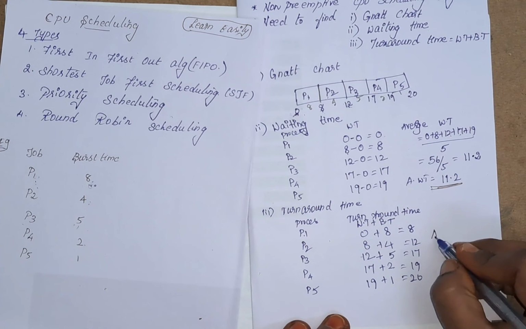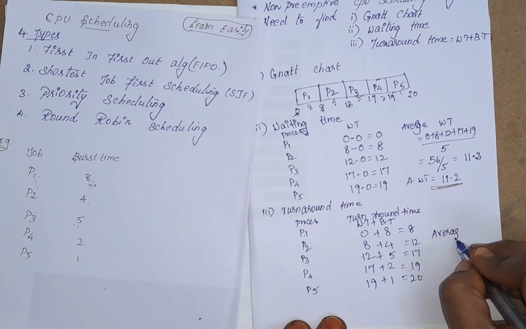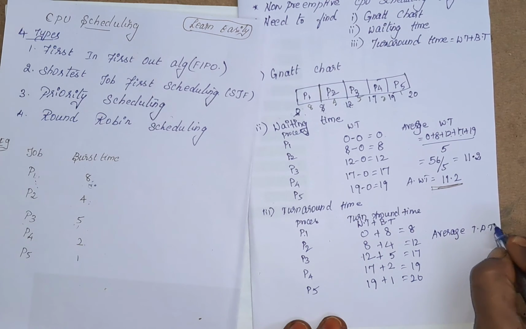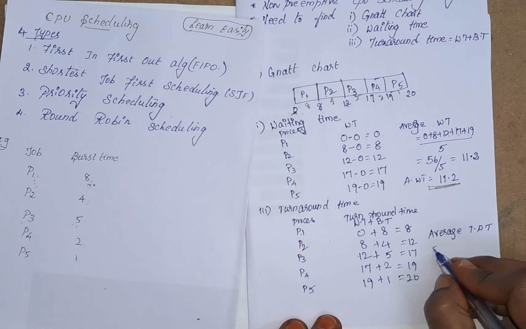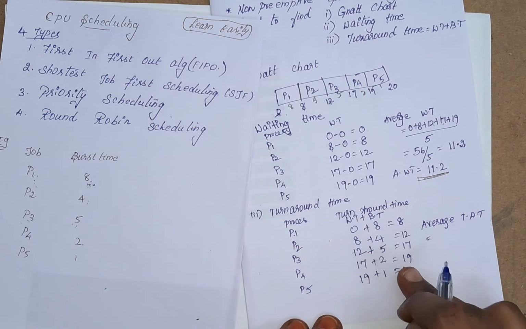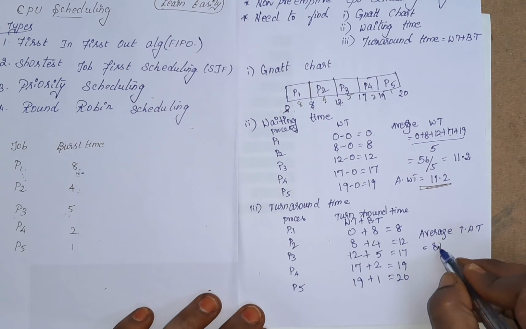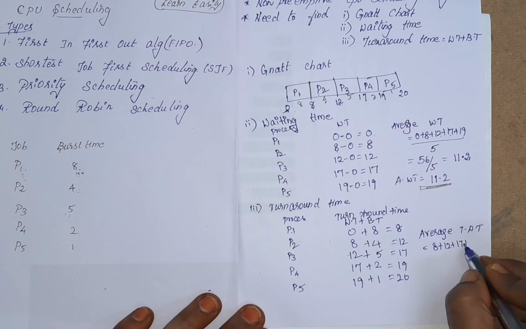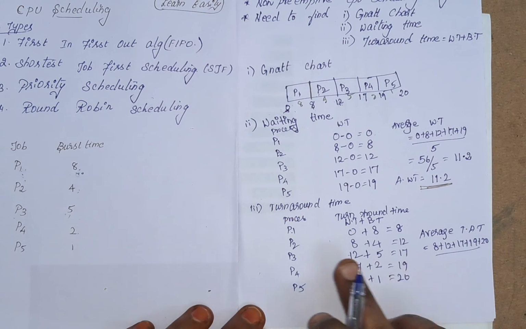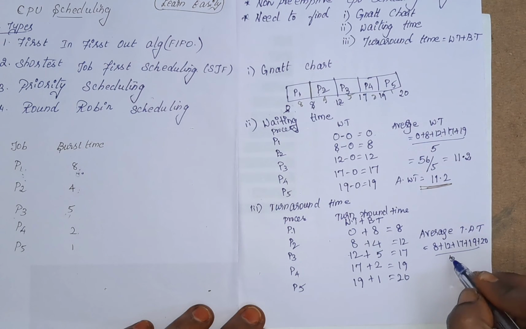Next we have to find the average turnaround time. We sum all these turnaround times: 8 plus 12 plus 17 plus 19 plus 20, which is 76, divided by the number of processes, 5.